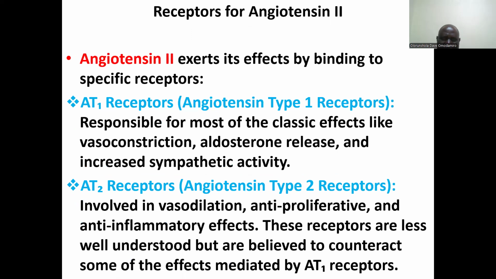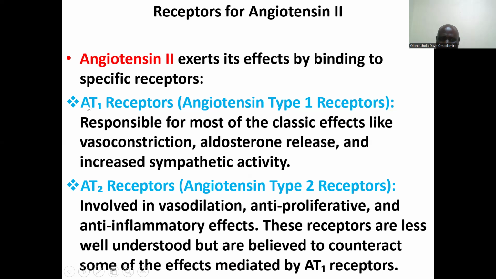Okay, so angiotensin 2 needs receptors to actually function, and 2 major receptors have been identified. For it to exert its pharmacological or physiological function, it has to bind to specific receptors.